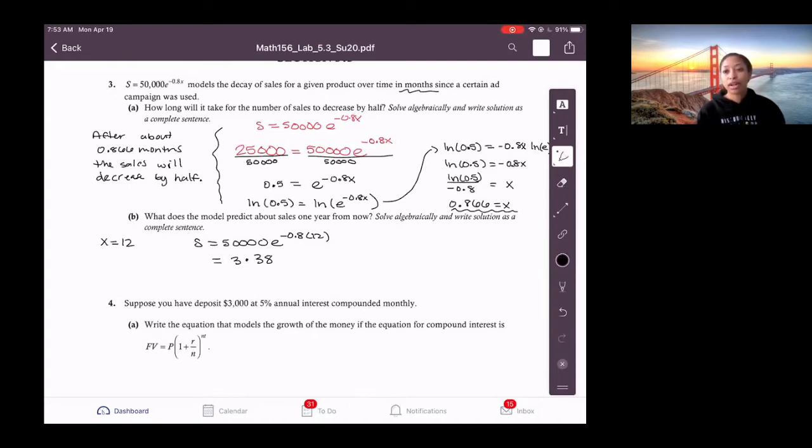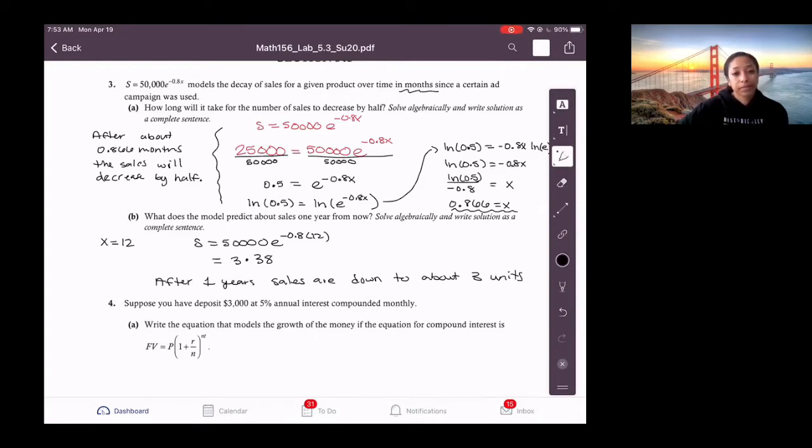Or if you wanted to round to the nearest whole number, that would be fine too. Okay. So we'll say after 1 year, sales are down to about 3 units. We don't know what they're making, or selling, I should say.